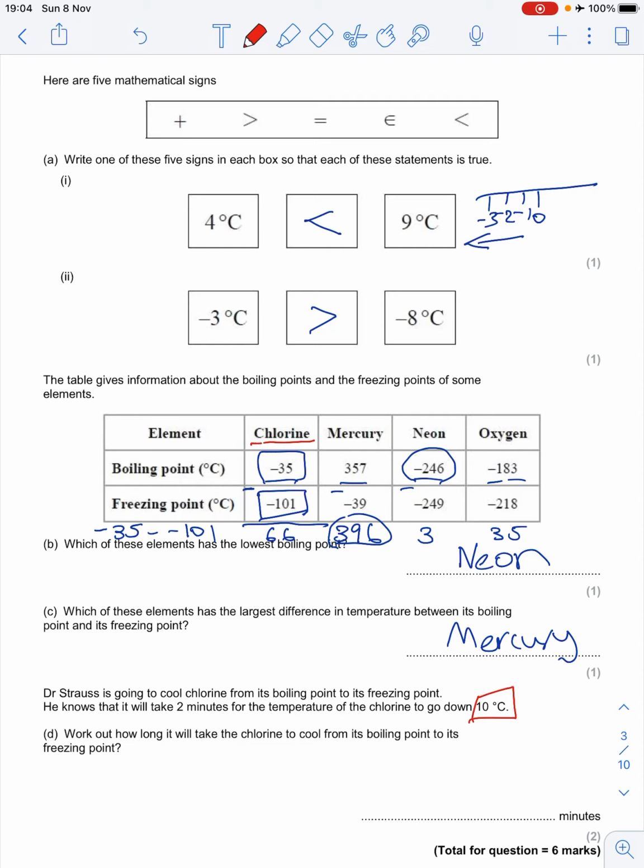Work out how long it will take chlorine to cool from its boiling point to its freezing point. We have worked out before that the difference between the boiling point and the freezing point is 66. You get a point by saying the difference is 66.